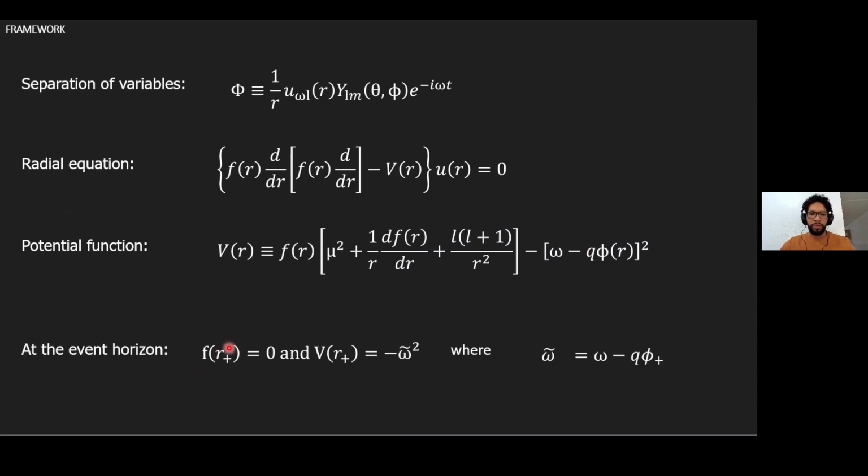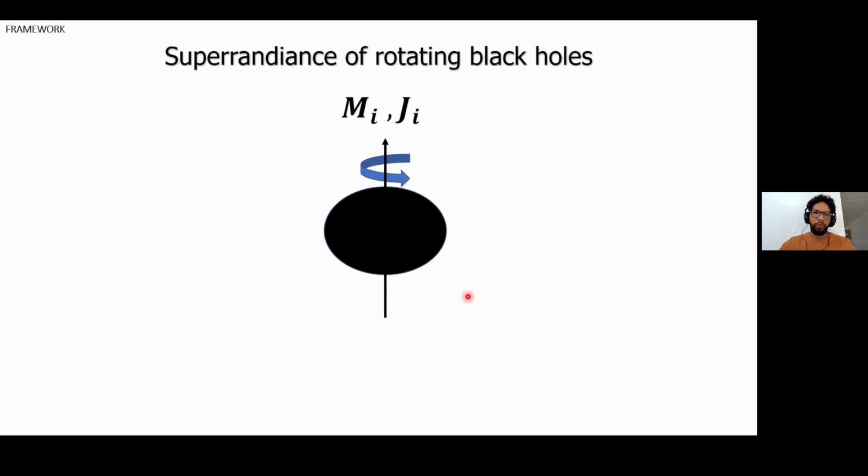At the event horizon, our metric function goes to zero, and the potential function assumes a value which is related to the superradiance condition. Let's briefly recap what superradiance is. Well, in the case of a rotating black hole, a portion of the rotational energy of the black hole can be extracted through the interaction of the black hole with an impinging wave.